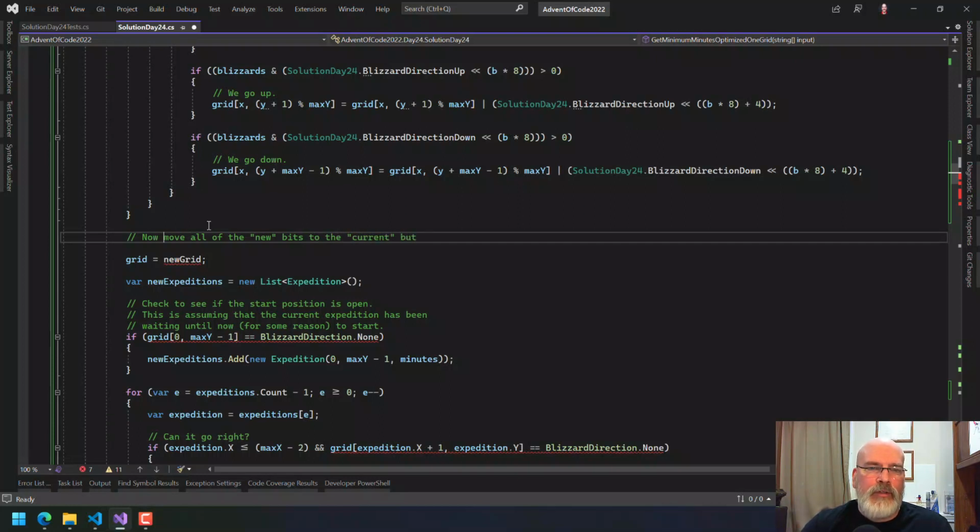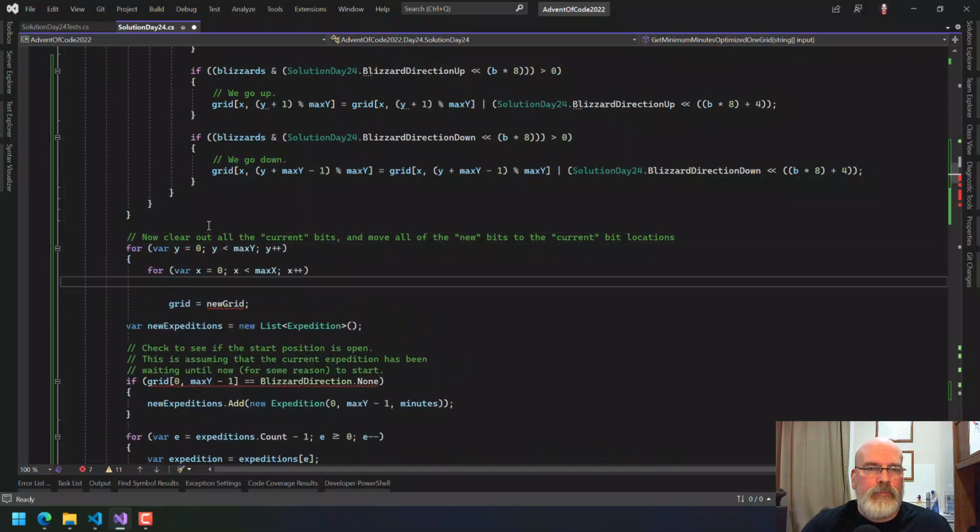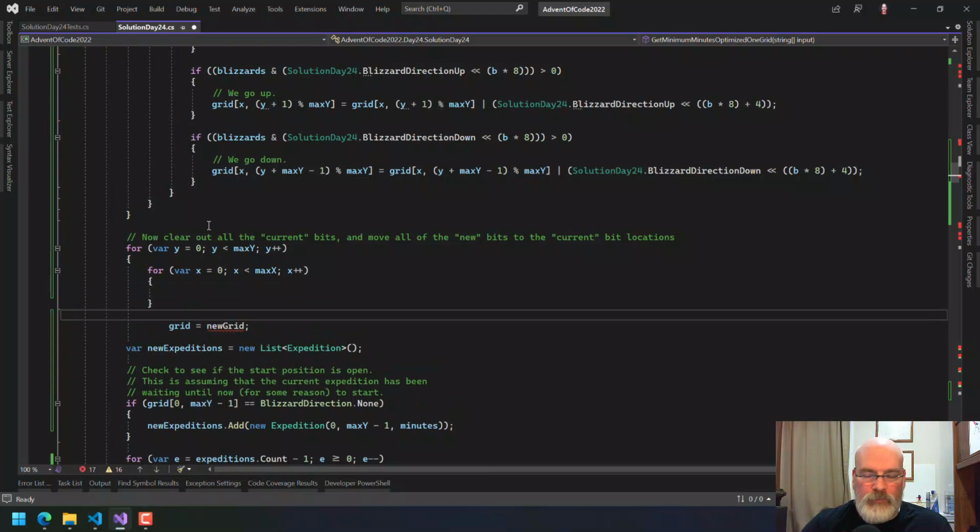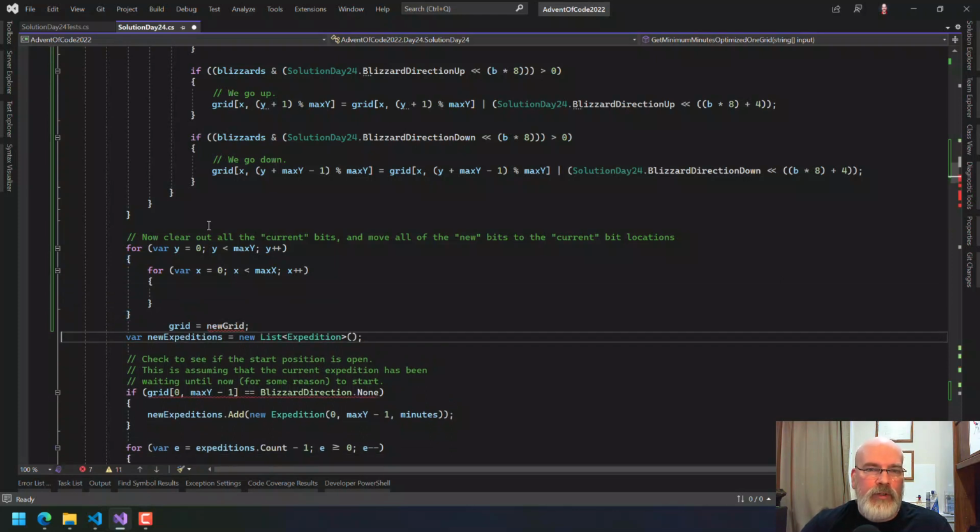Now we're going to say clear out all the current bits and move all the new bits to the current bit locations. Okay. So we do that and then that. That's essentially this, except not.